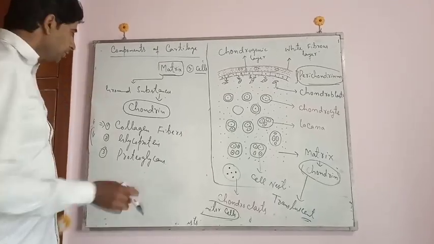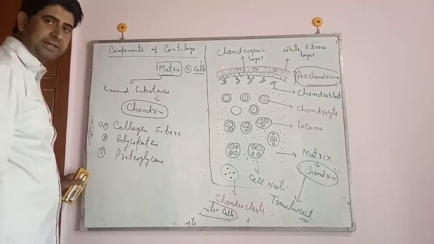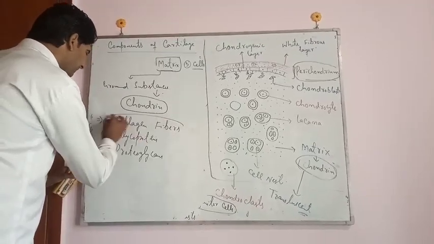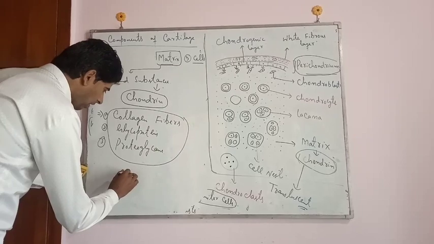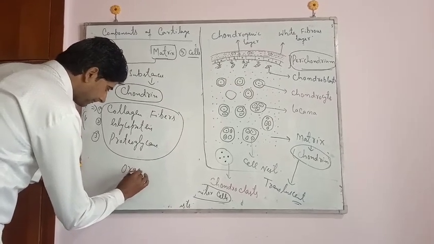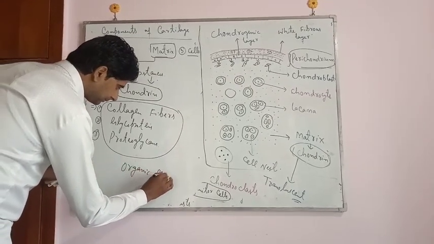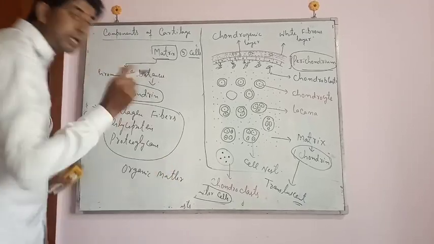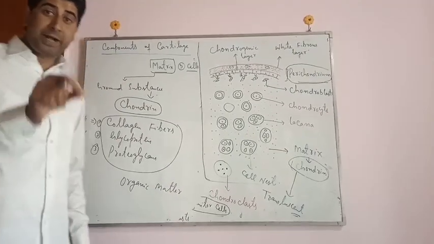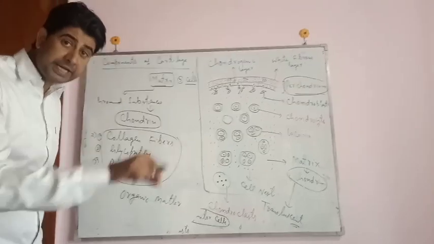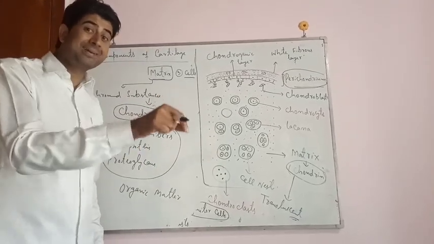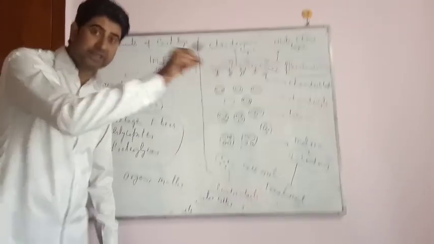That means the matrix of the cartilage is only made up of organic matter. In contrast, the matrix of bones is made up of both organic matter as well as, most abundantly, inorganic matter, like the various salts.